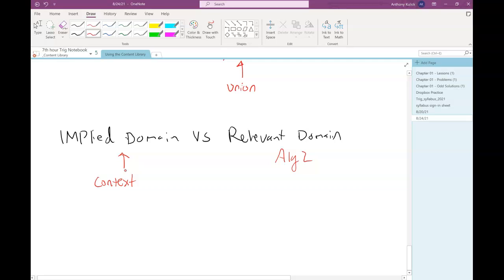If there is a context provided, let's say that we have the equation f of x equals x, where x is the number of people needed to screw in a light bulb. That problem has some context to it, right? If x is representing a person, we can't really have negatives because negative people doesn't make any sense. You can't really have fractions or decimals because 7/8 of a person, what the heck does that mean?